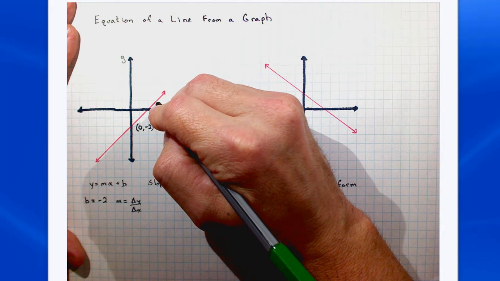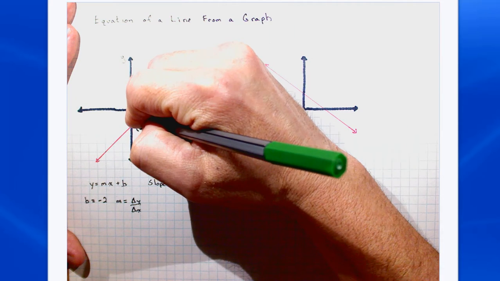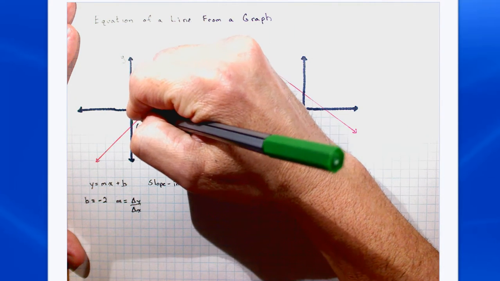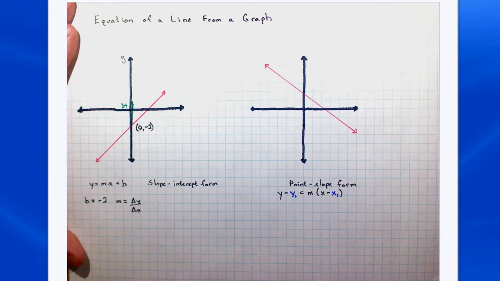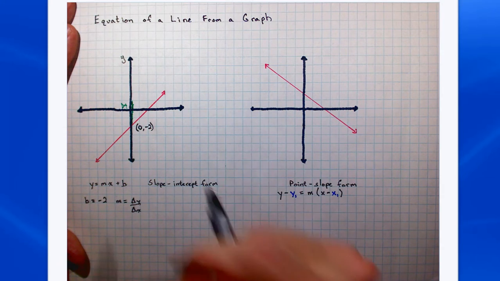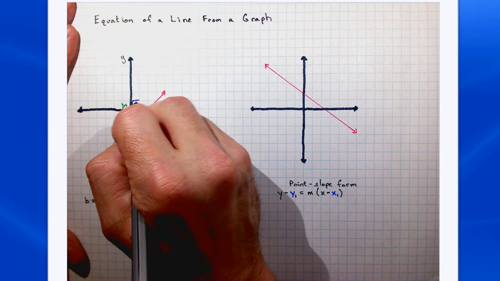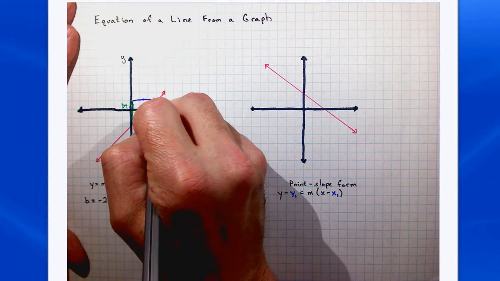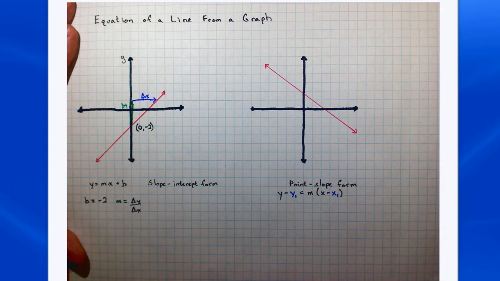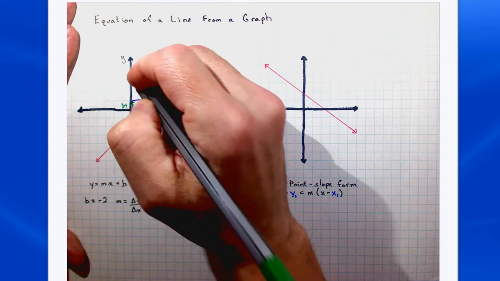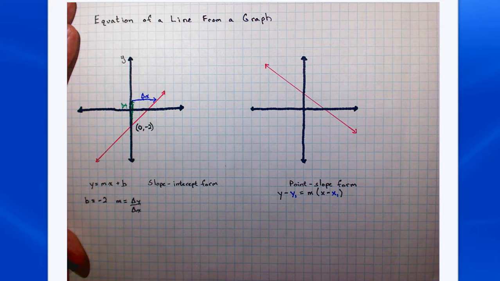So I look at my change in y's. So my change in y's, I'm heading in the positive direction. So this is the change in y. It is positive. And then I'll find my change in x. And I go across there. And that's my change in x. And it is positive because I was moving to the right. Very good.